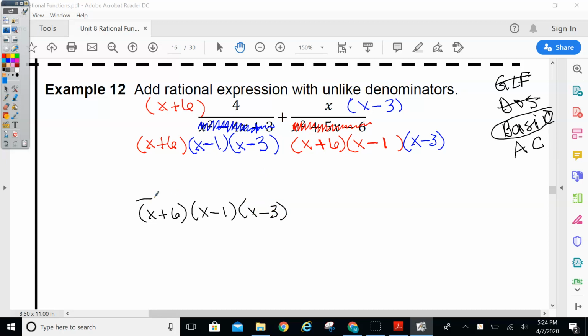So now in the numerator, let me go ahead and distribute this out. So 4 times x here is 4x. 4 times 6 is 24.